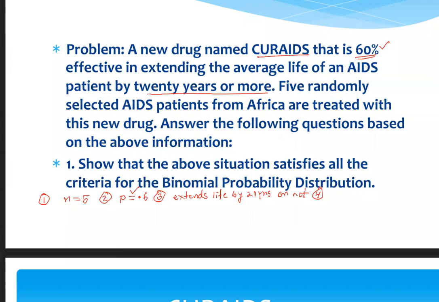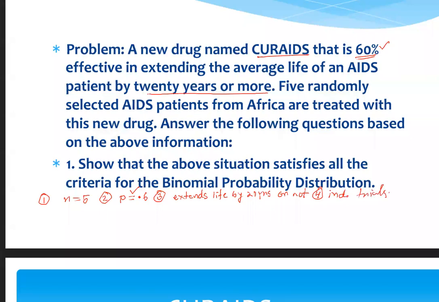So in essence, the trials or experiments are independent of each other. So all the 5 or 4 conditions for binomial distribution are satisfied. Therefore, we could use the binomial distribution formula to find the probabilities associated with this scenario.